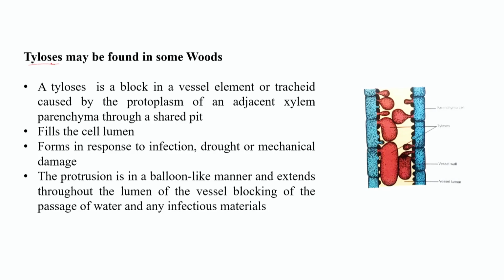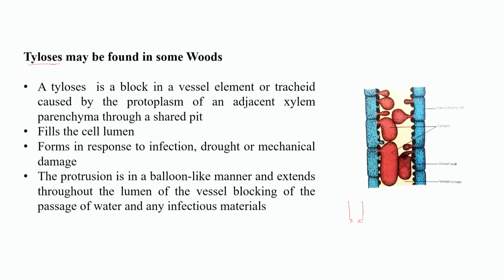Just a small thing, we will discuss tyloses. What are tyloses? In some vessels, when some infection arises, or when some mechanical damage or drought condition occurs, the cells try to block these vessels. Suppose some infection is there, and if the passage is blocked, the pathogen will not be able to enter it and pass through that passage.